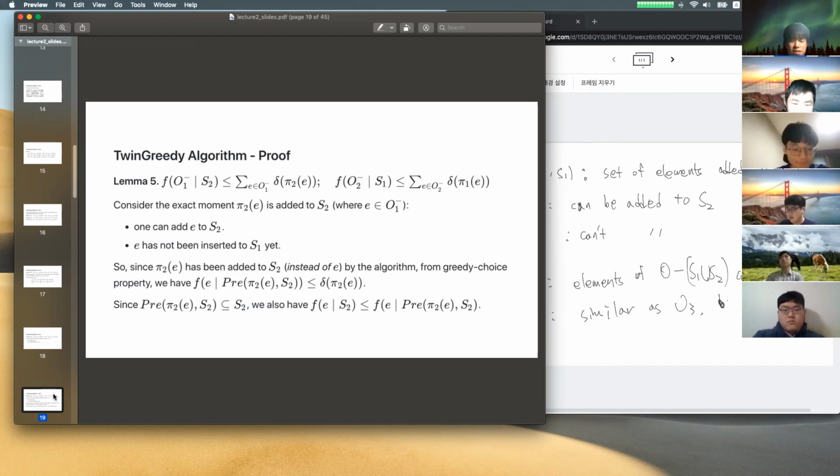From the greedy choice of the algorithm, we have this kind of inequality, and we also get this thing.